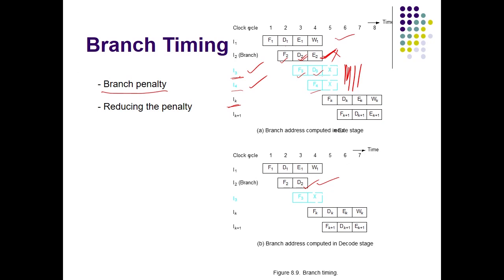Using that you can reduce the branch penalty. Instead of 2 instructions, it is like early detection, and then you take the measures. So, instead of detecting after execution, you detect early, so the damage will be minimum. That is the solution for the unconditional branch.